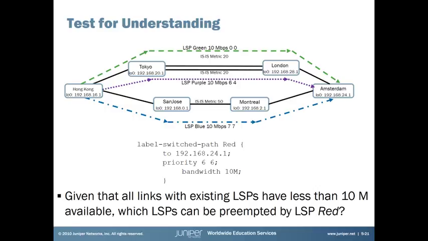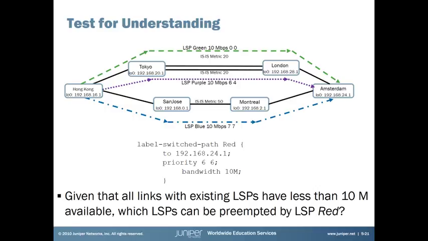So 0 is the strongest and 7 is the weakest. What we're looking for is a number that's higher than 6 in the hold. Purple has 6 as the hold and 4 as the setup. The blue has 7 as the hold and 7 as the setup. So 6 is actually stronger: the 6 setup is stronger than the 7 hold. So it is in fact the blue path that's going to be preempted there.